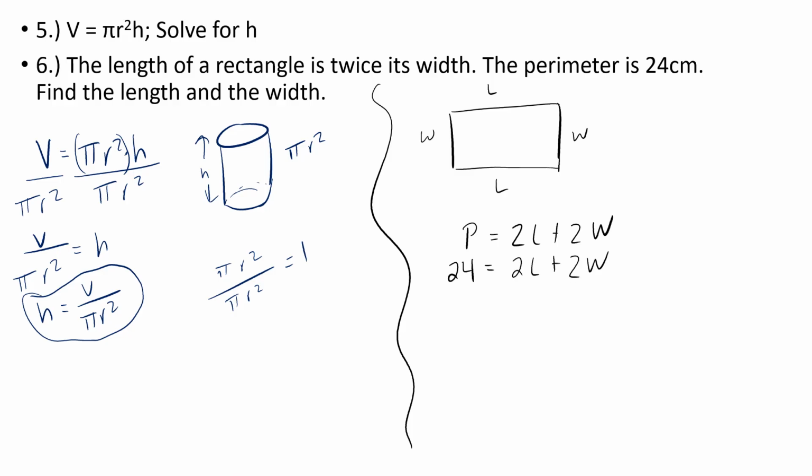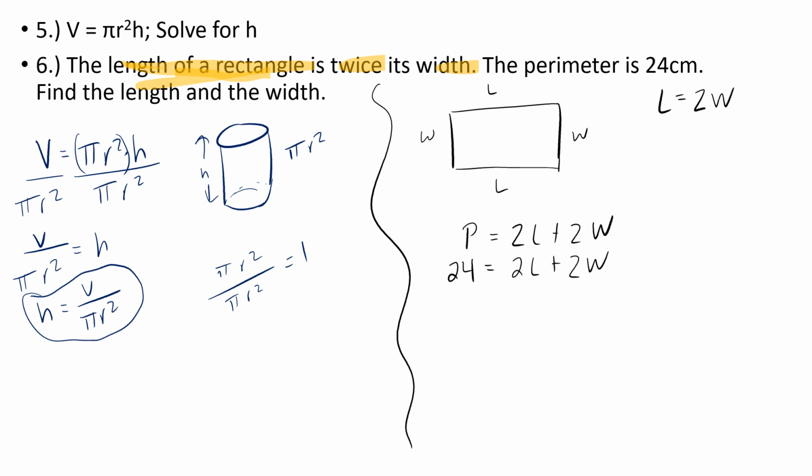Now, what else we know is that the length of the rectangle is twice the width. So whatever the width is, the length is 2 times that. So I'm going to write that out. Whatever the length is, it is 2 times the width.